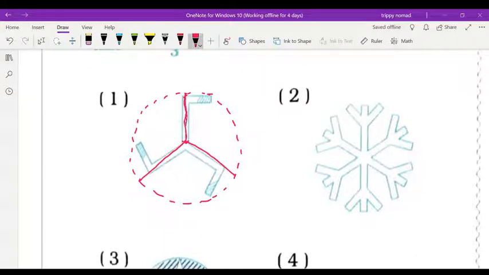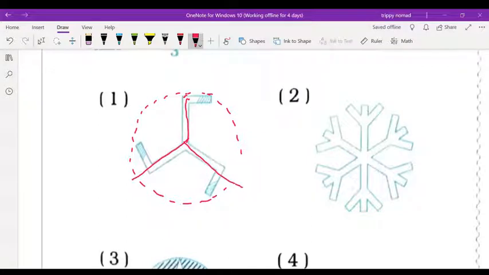Now children, if you rotate this, then what will you get? You see, this is 120, this is 120, this is also 120, a little bit of difference is coming because I have drawn this roughly. So if you rotate this one, you will get the same type of figure.